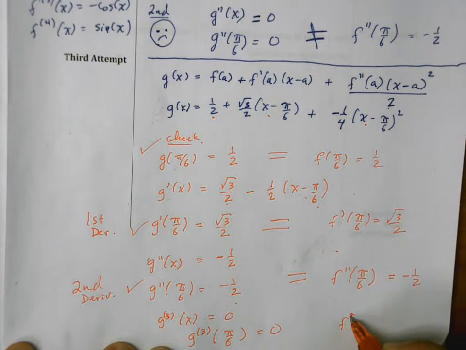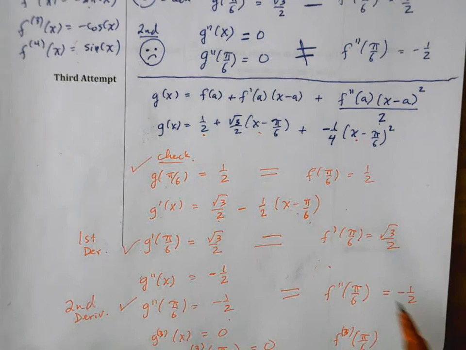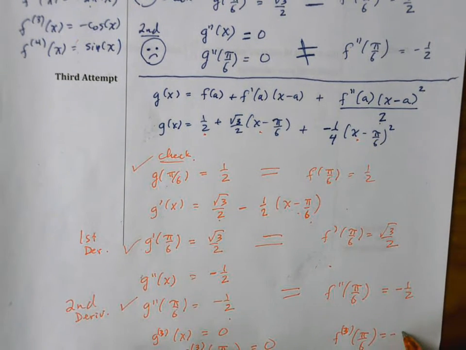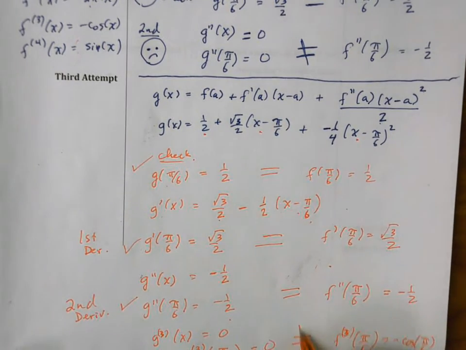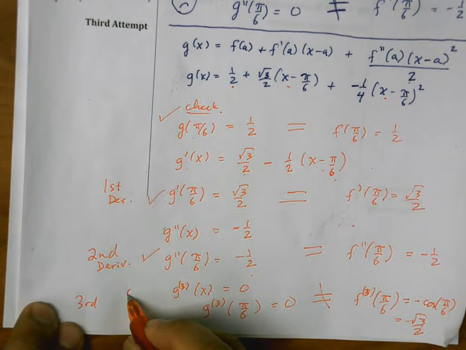Now the third derivative of f at pi over 6 is negative cosine of x, so that's negative cosine of pi over 6, or negative root 3 over 2. So this is now going to fail at the third derivative level.